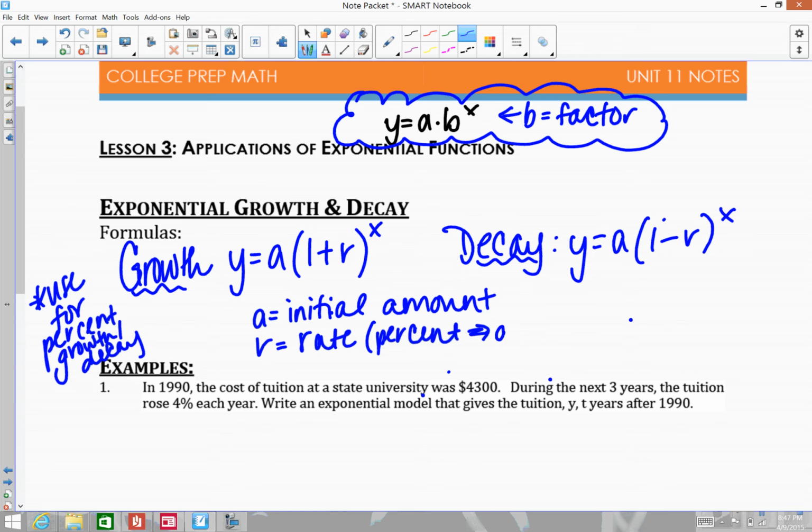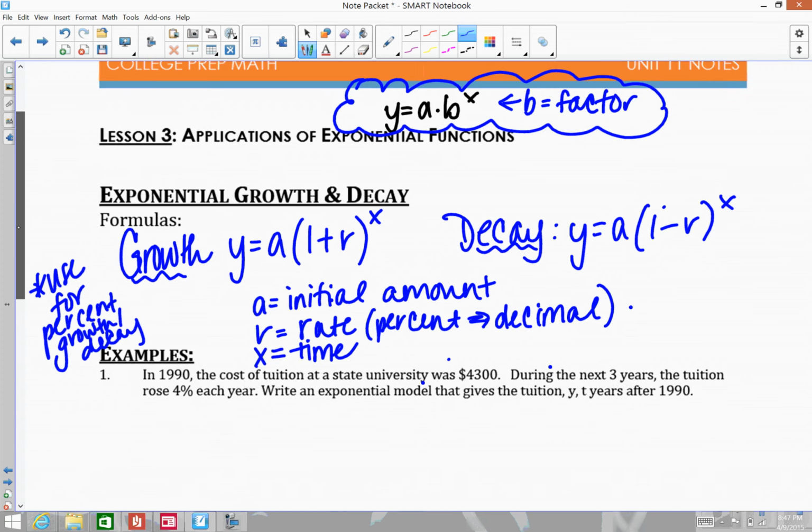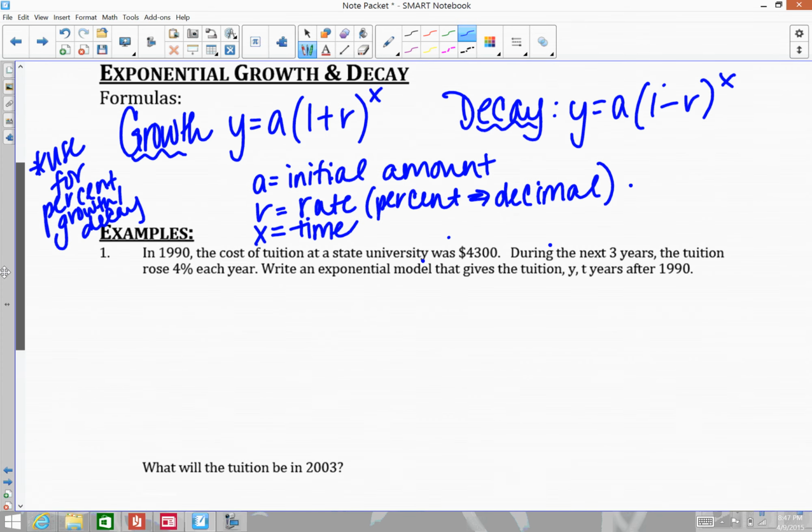So the percent goes to a decimal and then you plug it in. And then x is going to be the time, so like the number of years that this object is growing or decaying, or the number of months, depending on the situation. So let's go ahead and look at some examples that will be using this.